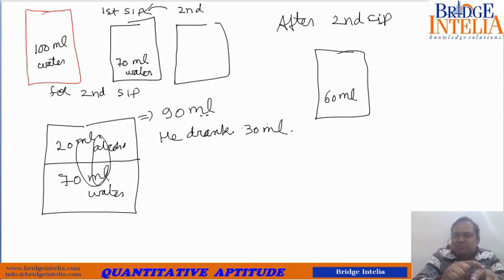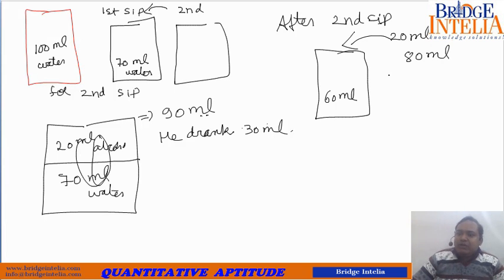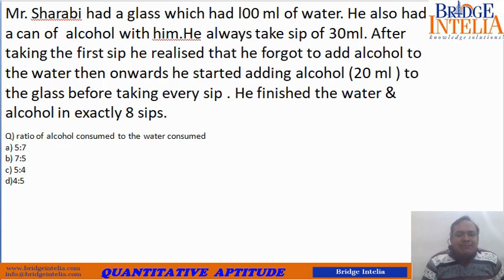A mixture once formed cannot be undone. So now again he is adding 20 milliliters of alcohol to it, so the volume will become 80 ml, and from this 80 ml he will again take a sip of 30 ml. So this is the mechanism of the question.